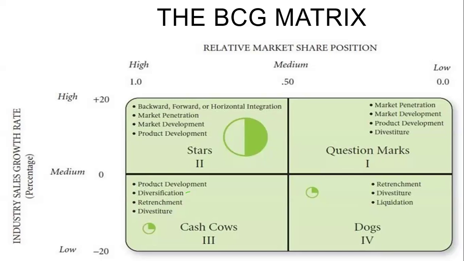You may decide to say that you are offloading some percentage of your shares to that particular person to also come in, and by so doing, you are spreading your risk. So those are the reasons why we intersperse the product diversification strategies with retrenchment and divestiture, that is, if you are heading towards the negatives here, as far as the sales growth rate is concerned.